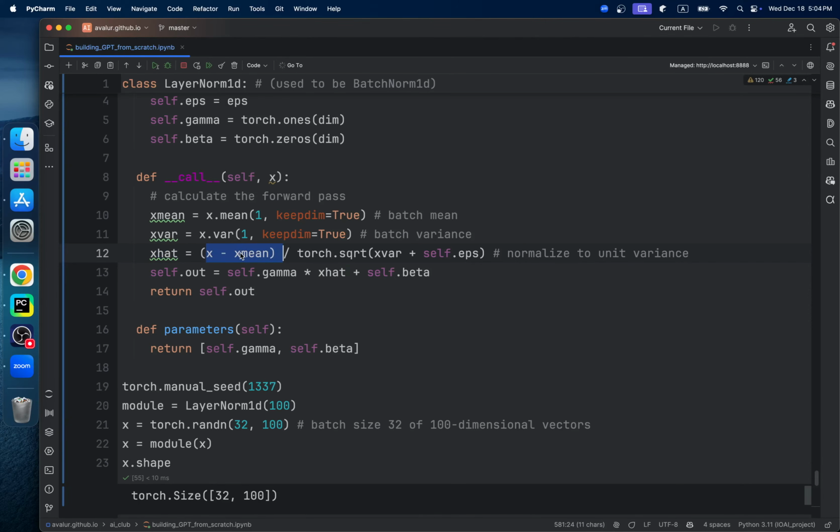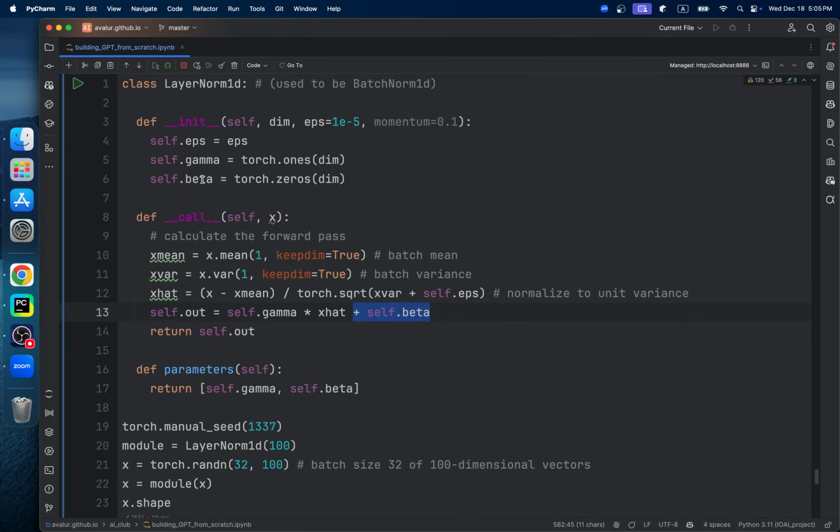We subtract the mean value and divide by the standard deviation, so we normalize to unit variance, and then we multiply x hat with gamma and add the beta vector. Beta is our new means, and gamma is our new variances.